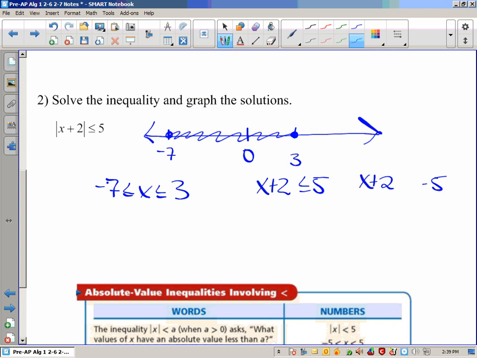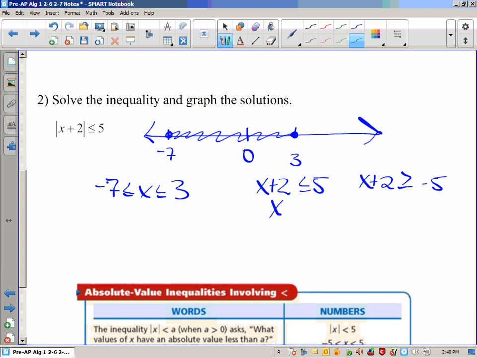Well, this time we have inequalities. What did we do with the inequality symbol when we multiplied or divided by a negative? We flipped the sign. So it's not going to be less than or equal to anymore. It's going to be greater than or equal to because I changed 5 from positive to negative. In a sense, I multiplied 5 by negative 1.